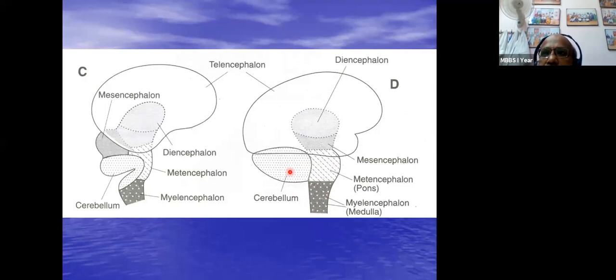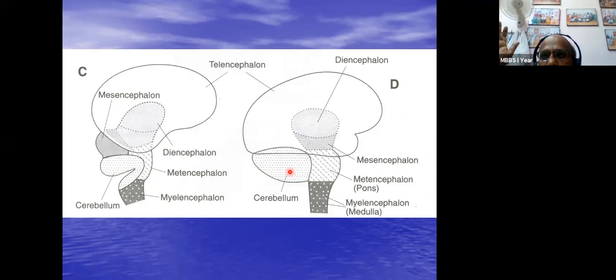So once the fourth ventricle is over, clearly you have to write what are all the structures forming it. Pons and medulla form the floor of the fourth ventricle. Cerebellum forms the roof of the fourth ventricle. Don't confuse those things now. At the end of this class, if you know that your pons, medulla and cerebellum form the boundaries of your fourth ventricle, that much is enough.